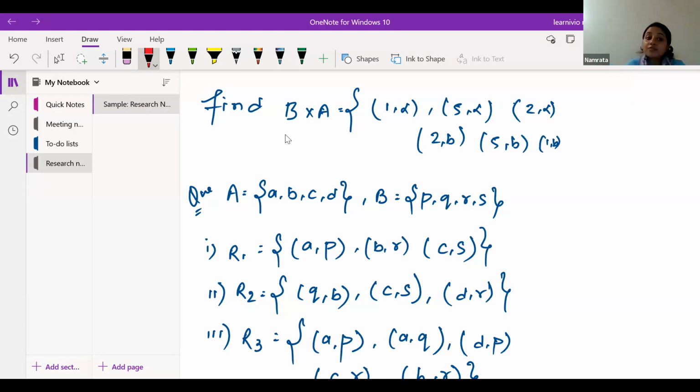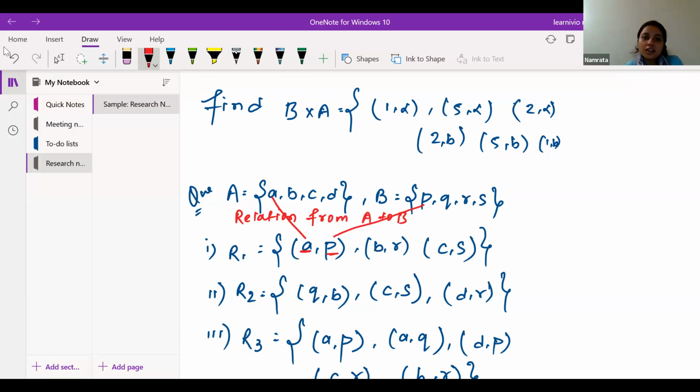And one more information is there. We are looking for relation from A to B. Let's see the first relation. A with P. One of the element of set A with one of the element of set B. That is okay, right? We can have such relation.